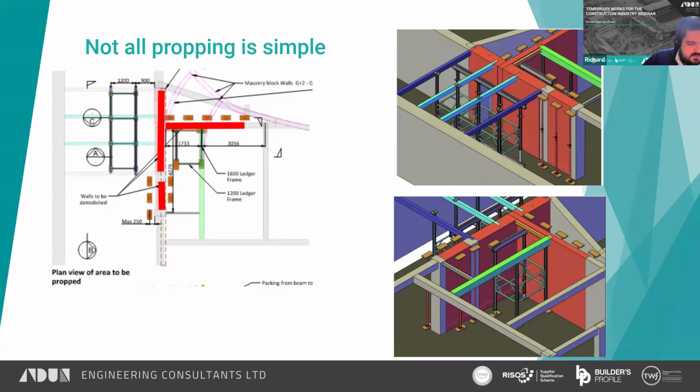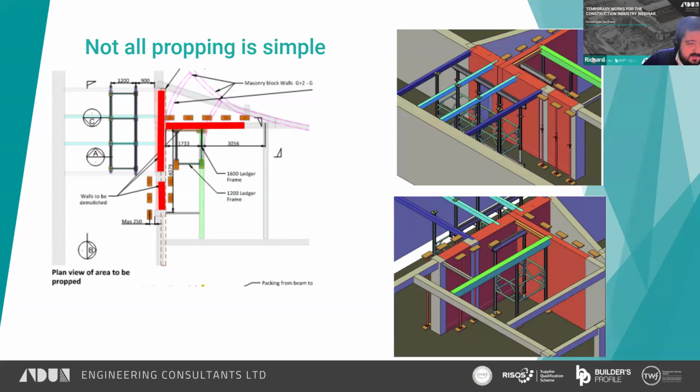So propping this was a lot more tricky than a normal propping job, but as you can see, we had to prop different orientations, and instead of propping the floor, we propped the beams in a lot of places.